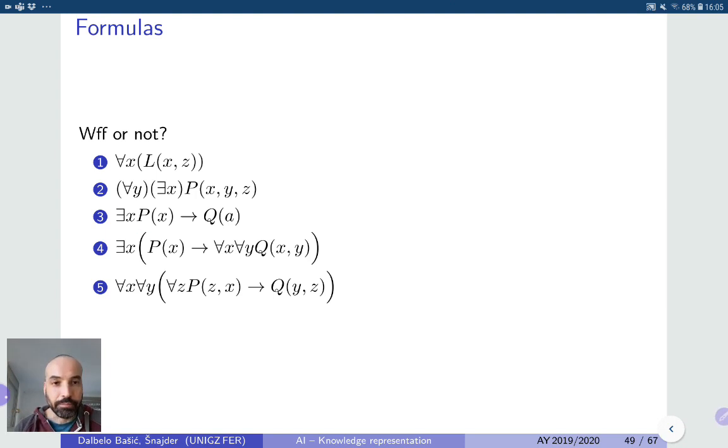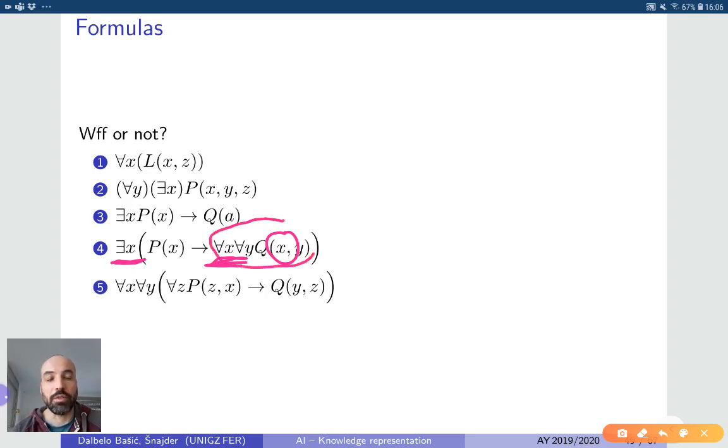Now, the fourth one is actually not well-formed, since the variable x here is bound by and within the scope of this quantifier, but also it's bound by this quantifier. So x here is double bound, which cannot actually happen if you are following the rules of grammar.